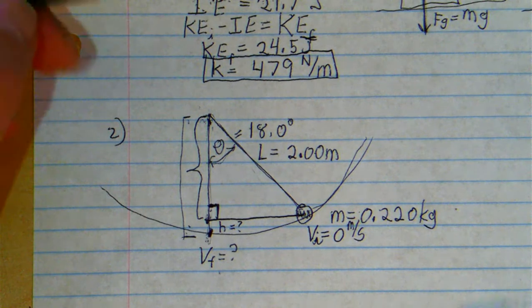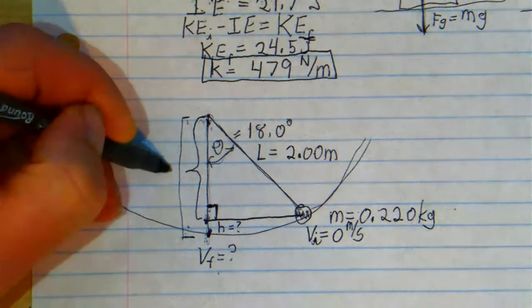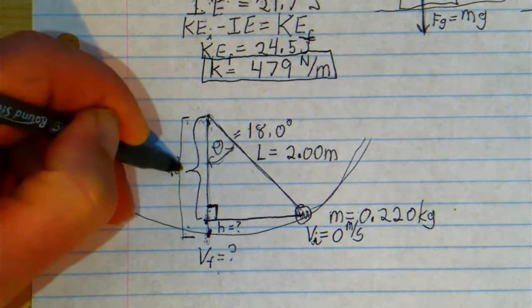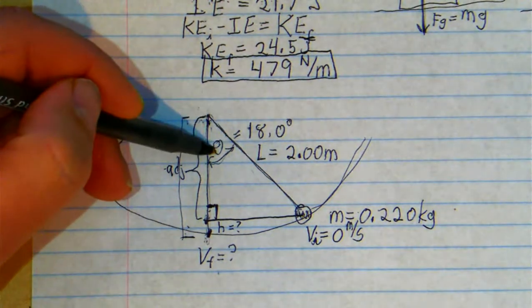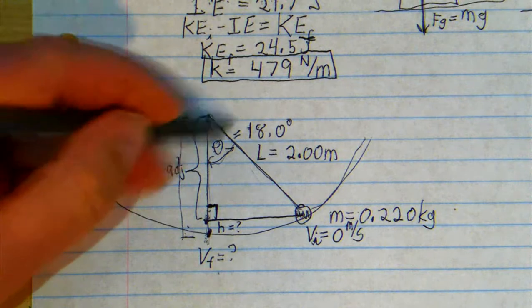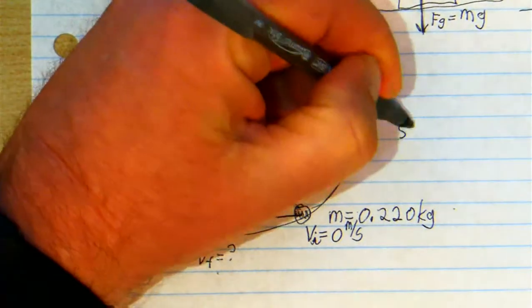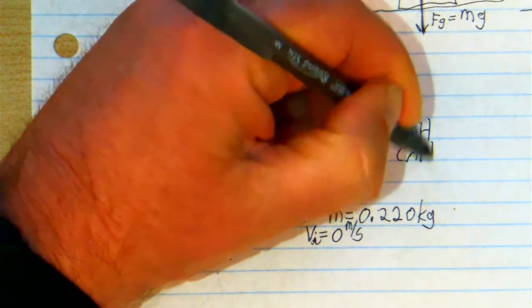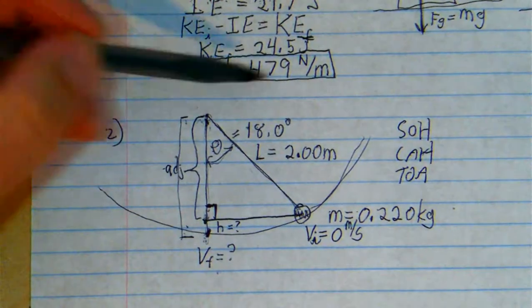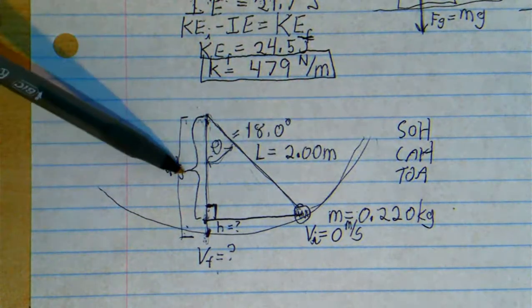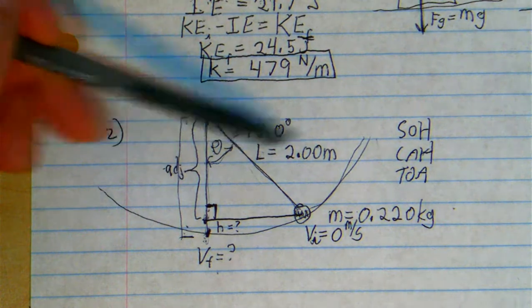My student suggests that because this is the adjacent side relative to this 18-degree angle, we use the cosine function from SOHCAHTOA. We say, okay, I want the adjacent side. I know the hypotenuse.